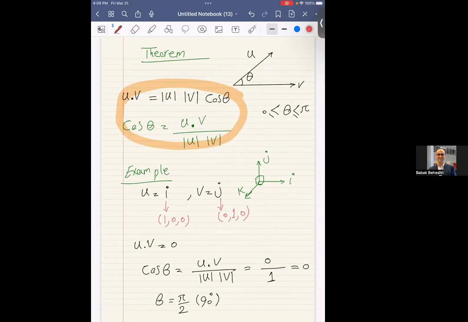So we defined the dot product and we saw that the angle between two vectors can be given using the dot product.